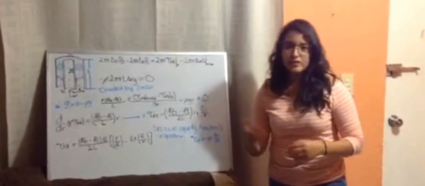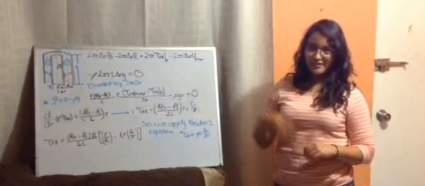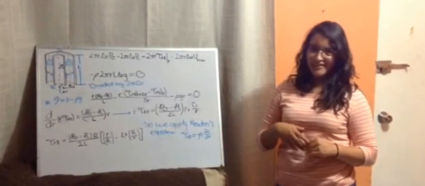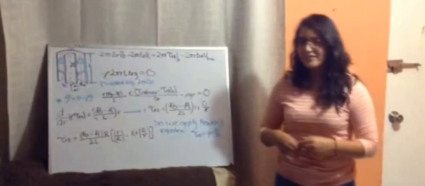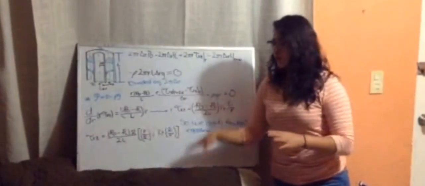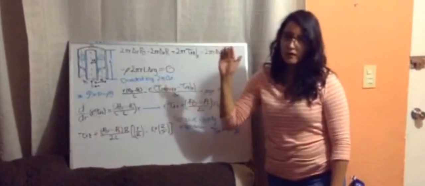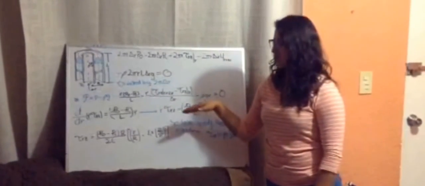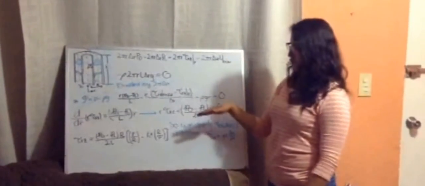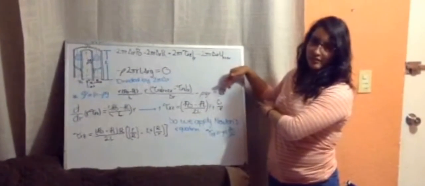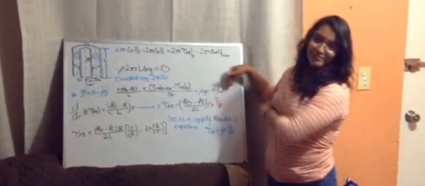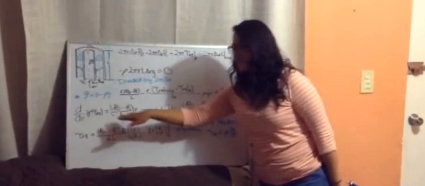Then we take the limit when Δr approaches 0, and this is going to take this form. We're going to make a substitution of the expression of P, taking P equal to p minus the density times the gravity times the height, so we take out the gravity and the density.